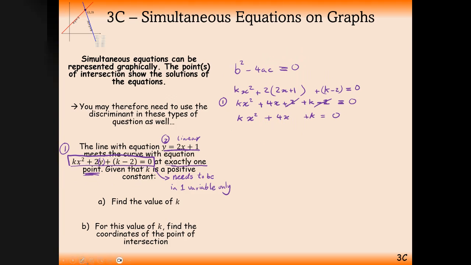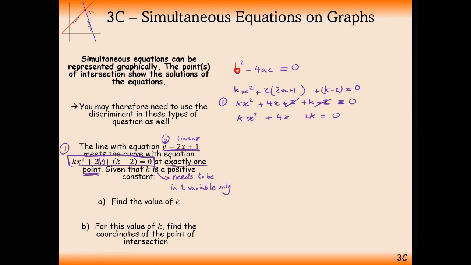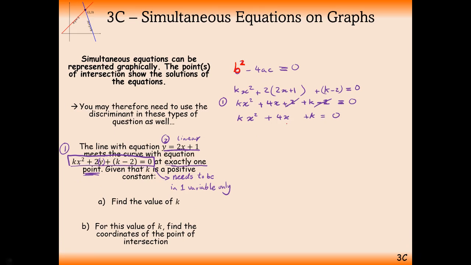Now, if I change my pen color, that might help. The discriminant b squared is talking about the b value here. So I'm going to write b equals 4, and then what's a? Our a equals k here, and our c is also equal to k.